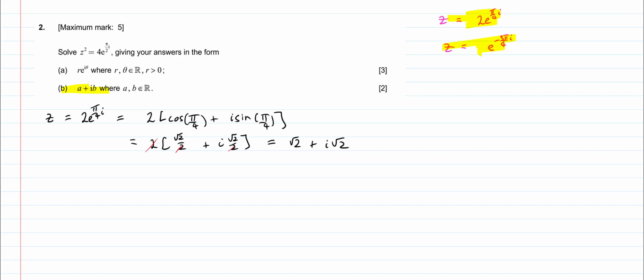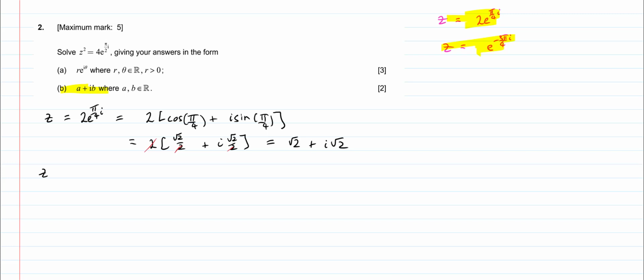Okay, and then for the next one, which you had, which was z is equal to 2 e to the negative 3 pi i over 4. So that is equal to 2 times cos negative 3 pi over 4 plus i sine negative 3 pi over 4.